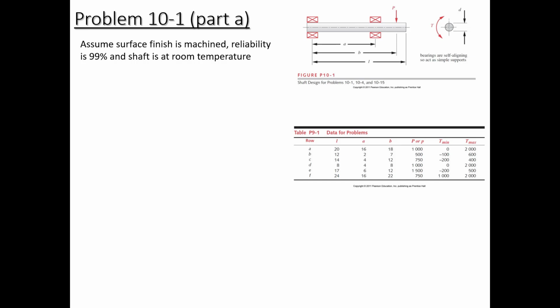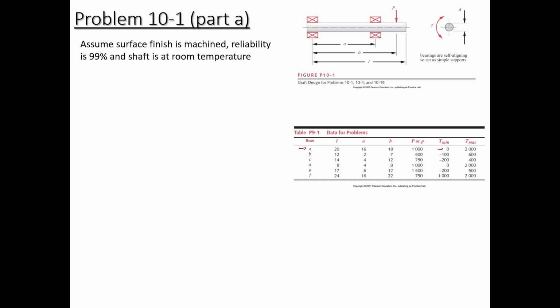So let's take a look into this problem, example 10.1. We're solving the values from row A, part A. We have a shaft that's rotating and it's under a torque. It depends from case to case what kind of torque we have.